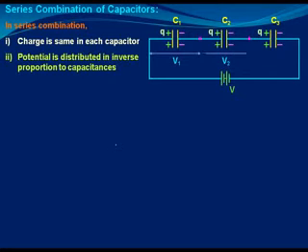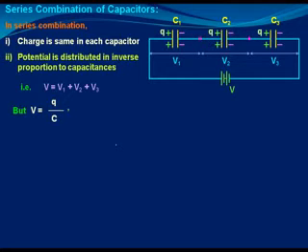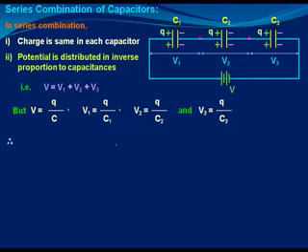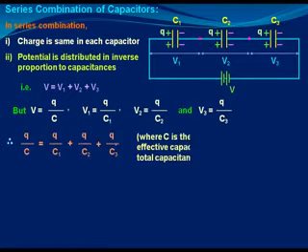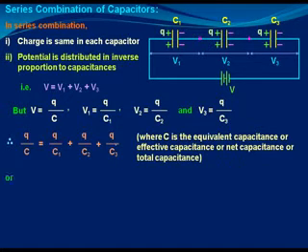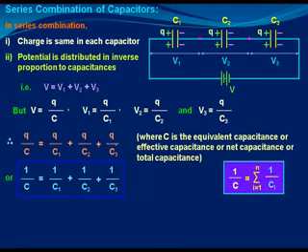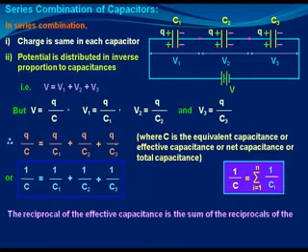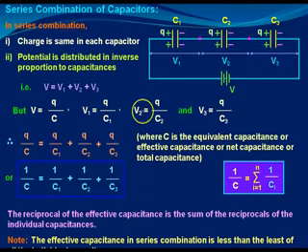I am showing the same charge, voltage is different, and you can solve in this way or what I have discussed in the last slide. Both are true. So this is the formula.